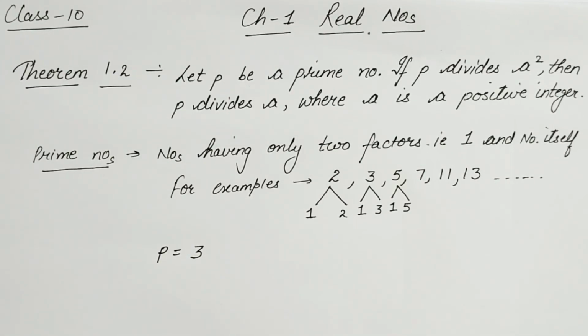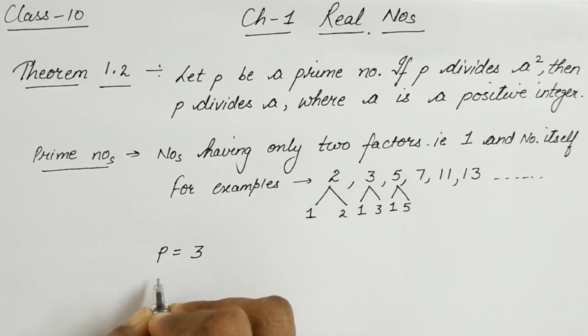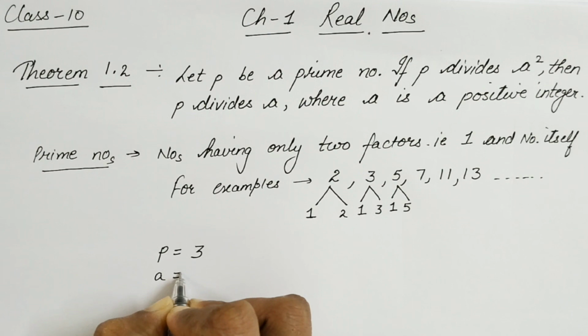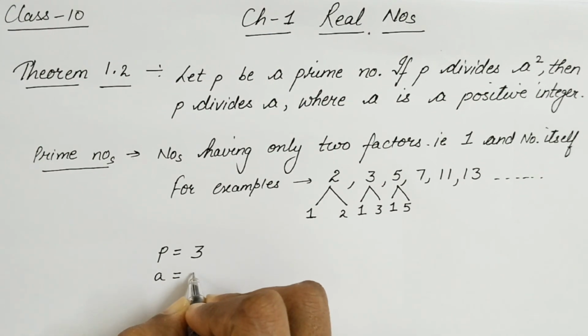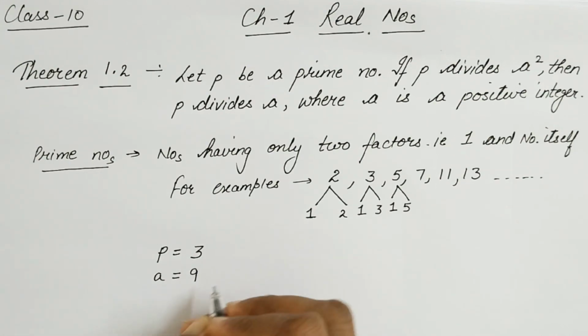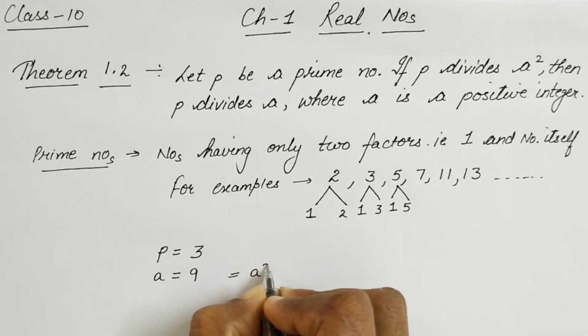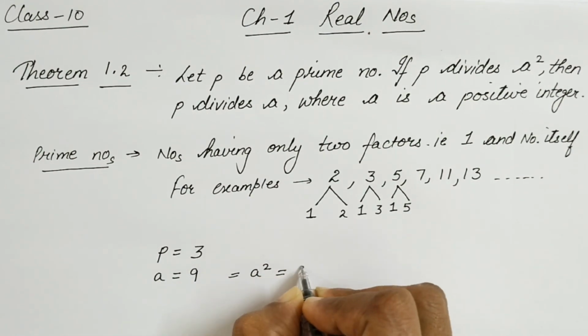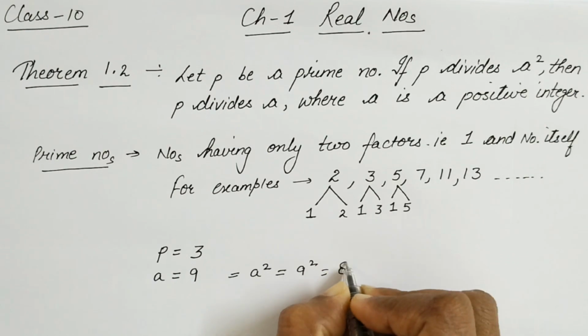Now if P divides A square, for this I need to assume this A also. So I'm taking A, you can take A as 9. Now P divides A square. For this I need to find out A square. A square means 9 square means 81 here.